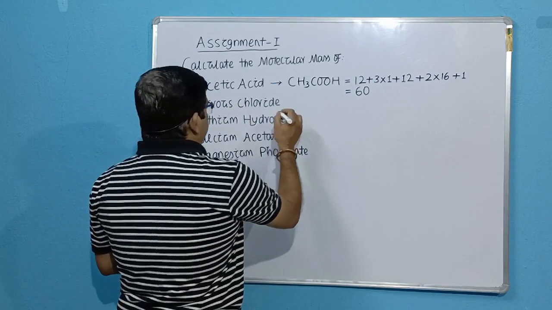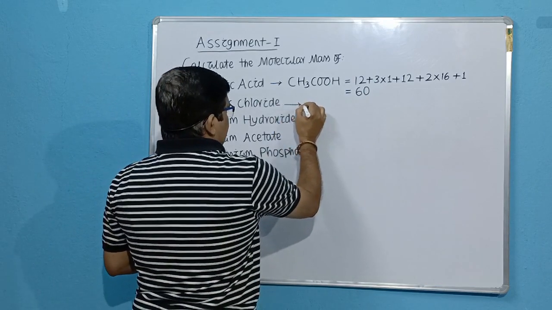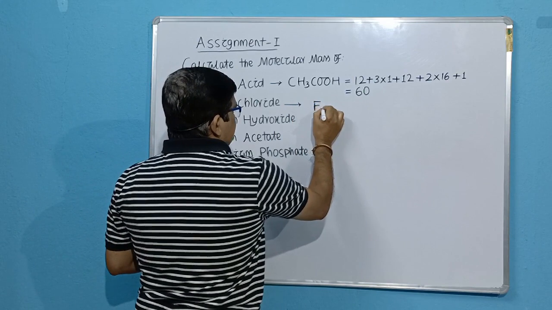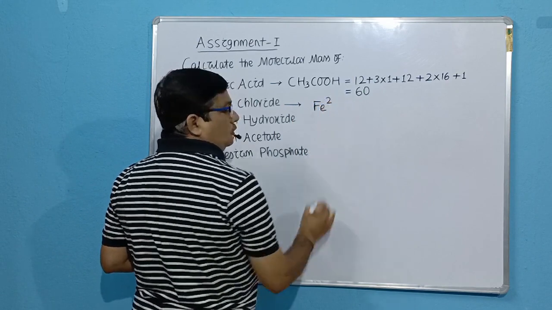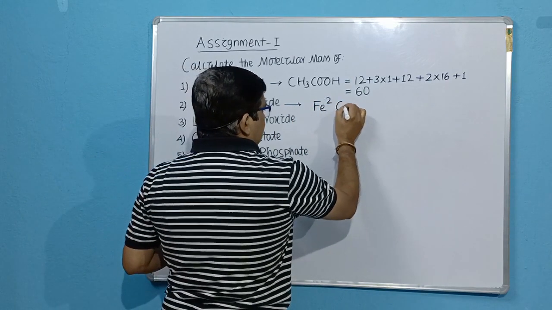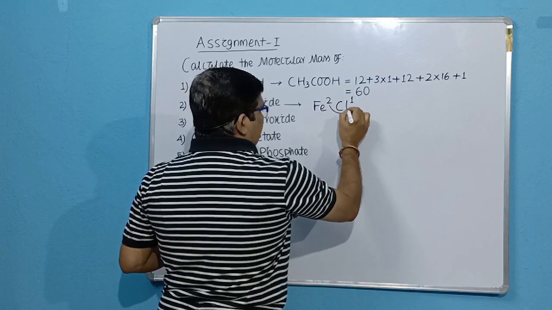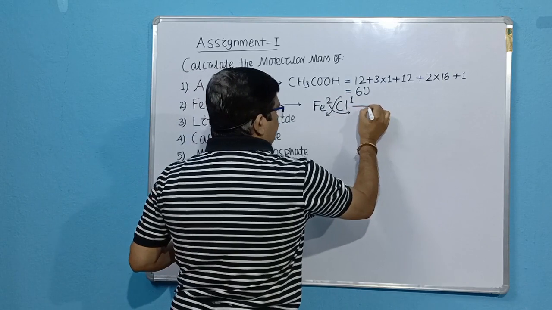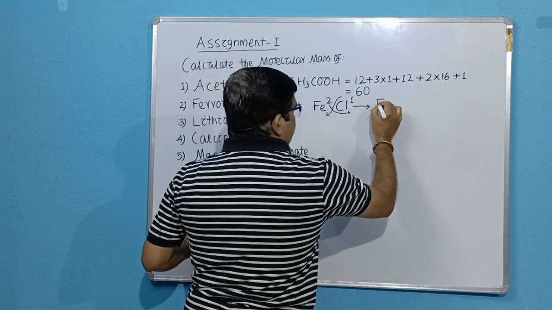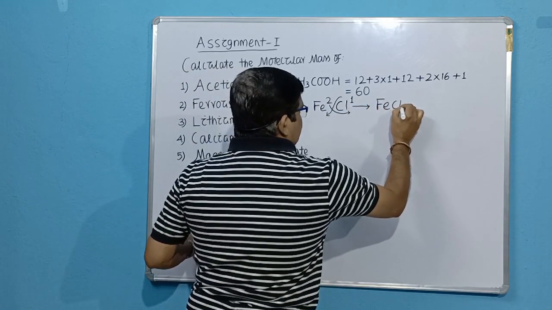Then coming to ferrous chloride. I told you ferrous has a valency of 2, chloride is 1. So what will be the formula? That 2 will come here, 1 will come here. So the formula of ferrous chloride will be FeCl2.